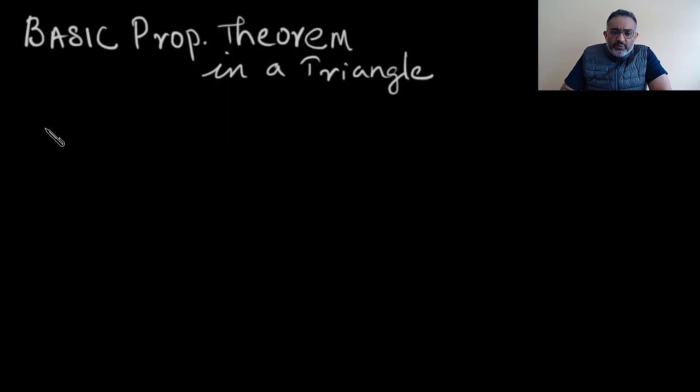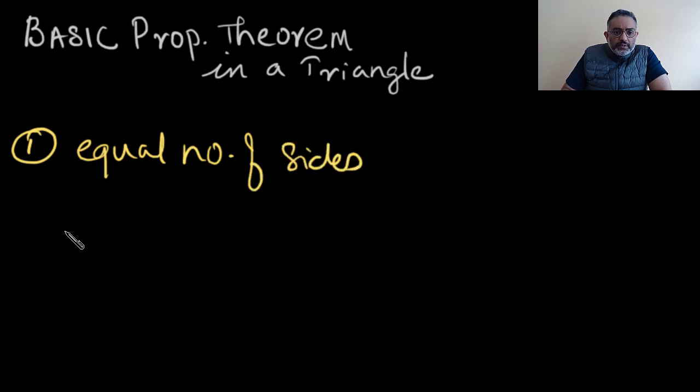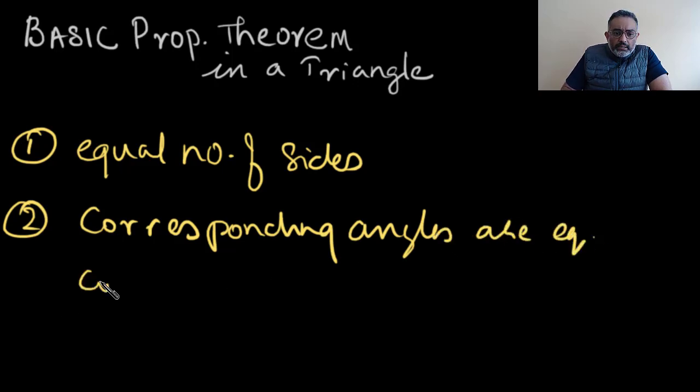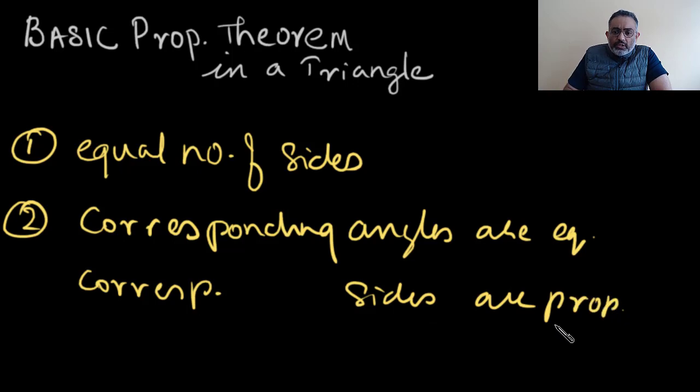So, similarity between two shapes is defined by three criteria, one being equal number of sides, then corresponding angles are equal, and corresponding sides are proportional, or the ratio is equal.